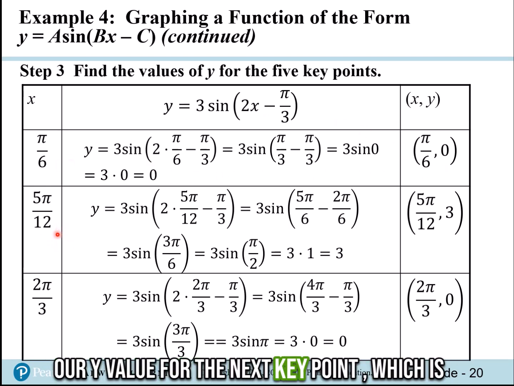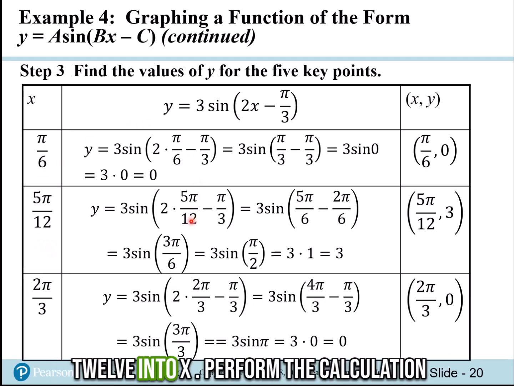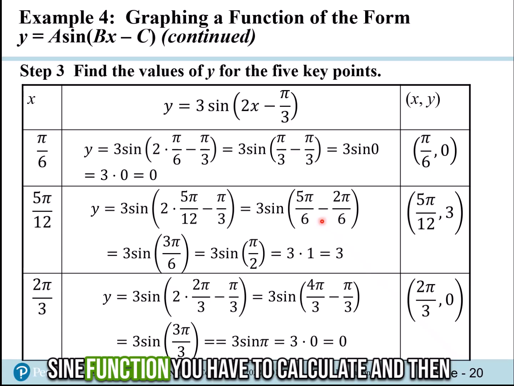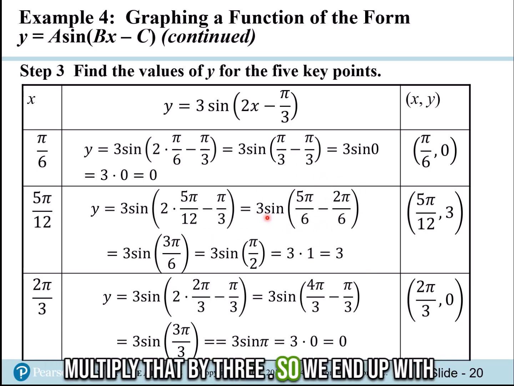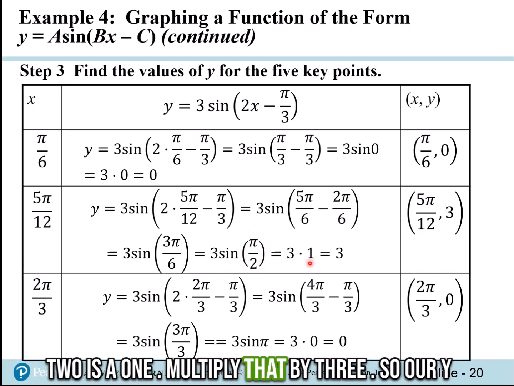For the next key point, which is 5 pi over 12, again plug in 5 pi over 12 into x. Perform the calculation within the brackets first, so you know what sine function you have to calculate, and then multiply that by 3. So we end up with 3 times sine of pi over 2. Sine of pi over 2 is a 1. Multiply that by 3.